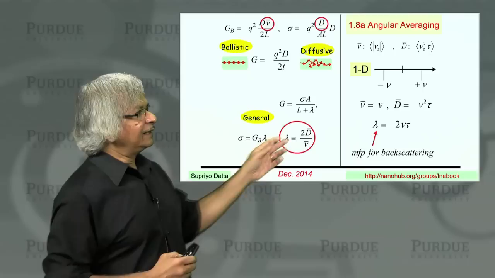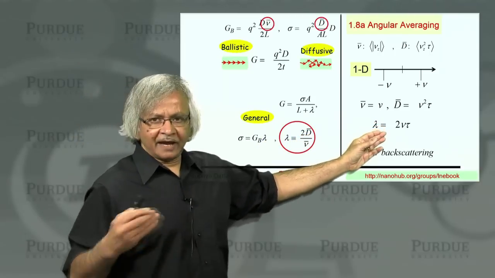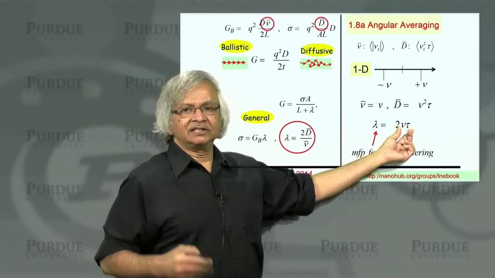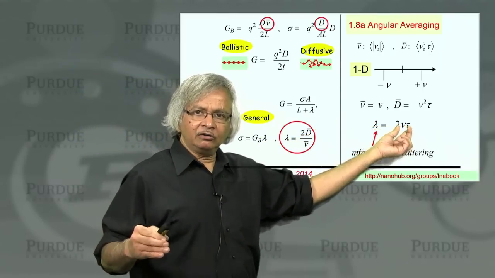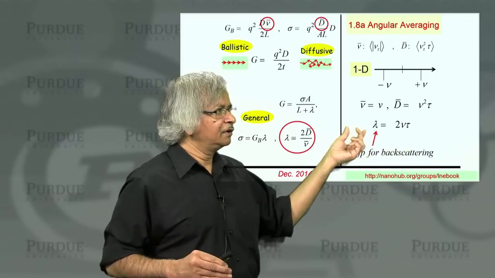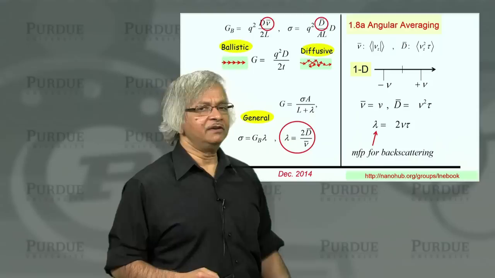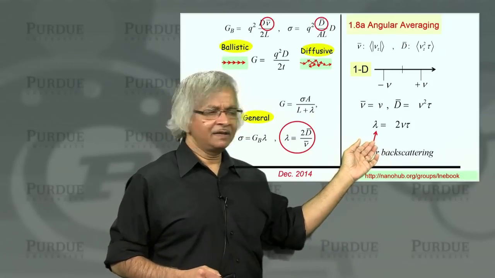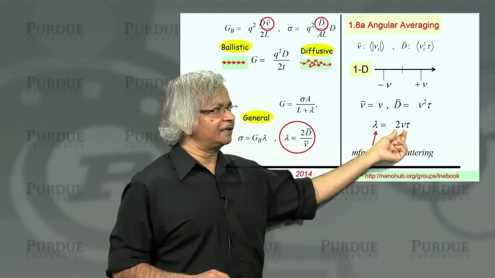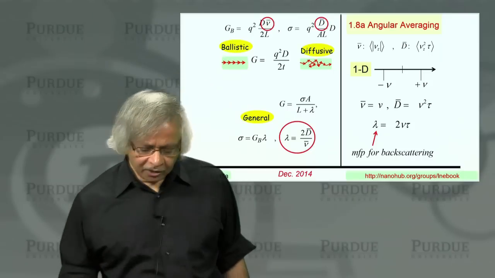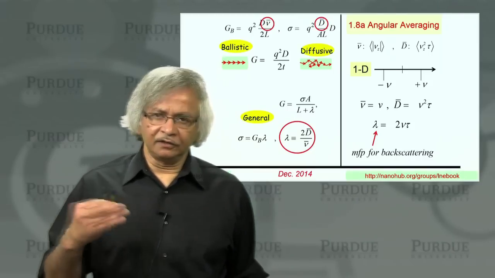So the average time for actually getting turned around is not tau, but 2 tau. And so this lambda, 2 tau times v, you could call the mean free path for backscattering. The exact factor that appears here will be different in different dimensions, as you'll see.